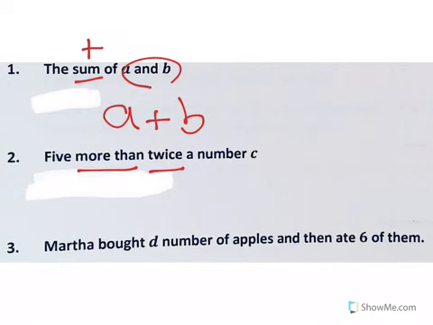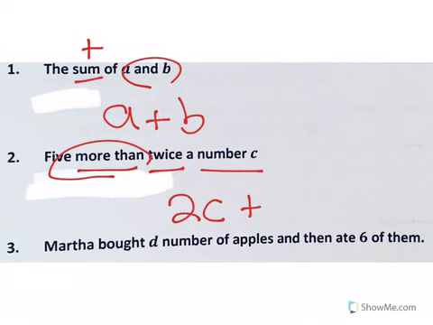But since it's not in italics, we're just looking for number C, meaning C represents a number. So 5 more than twice a number C. So twice the number C, I know I'm going to be multiplying 2 times C. 5 more than that would be 2C plus 5. You could also write it as 5 plus 2C. Either way, right?